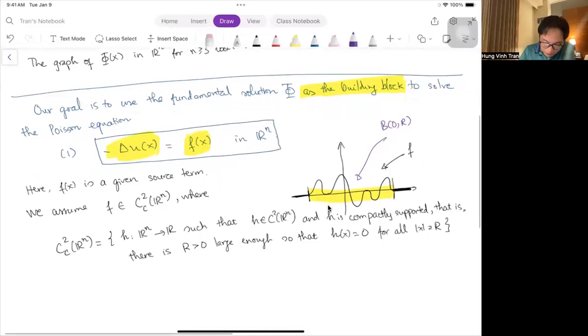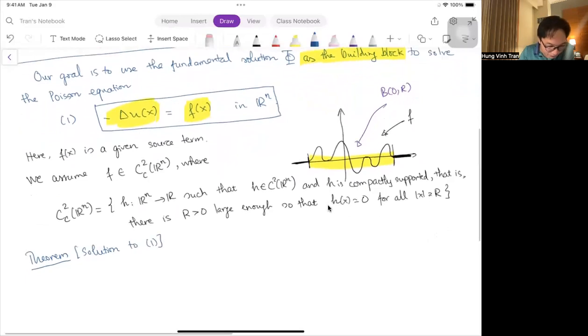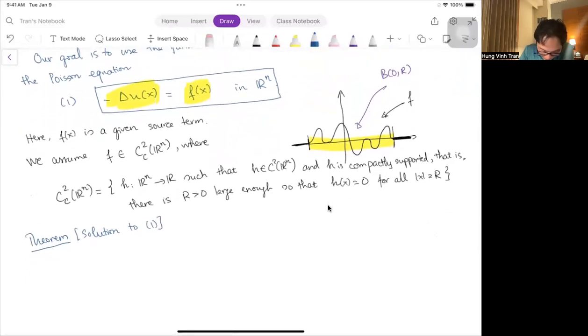Let me state right away the theorem, and then we will proceed to prove it in this lecture. There's only one theorem for this. It's basically the solution to the Poisson equation 1. So we set u of x, again using phi as a building block.